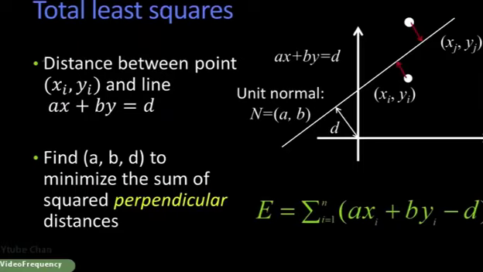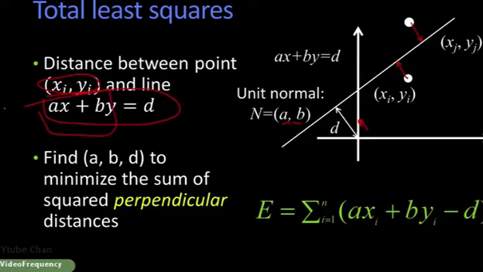So now what we want to do is minimize the distance between the point x_i, y_i and some line, ax plus by equals d, where a and b are this unit normal. So it's actually the unit normal in the direction towards the line. When you take the dot product of the point x_i, y_i and ab, that should equal d, which is the distance of the point of the origin to the line.